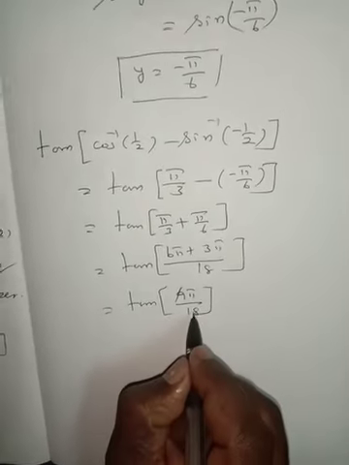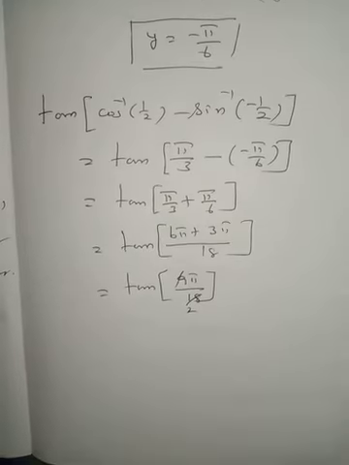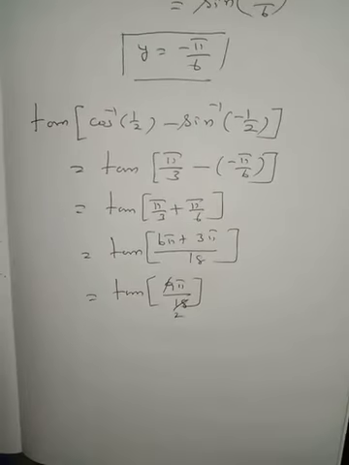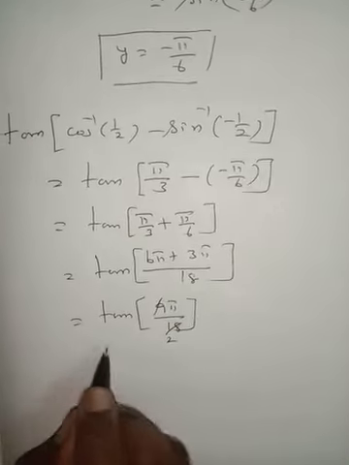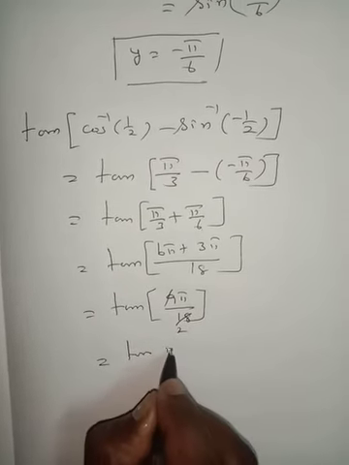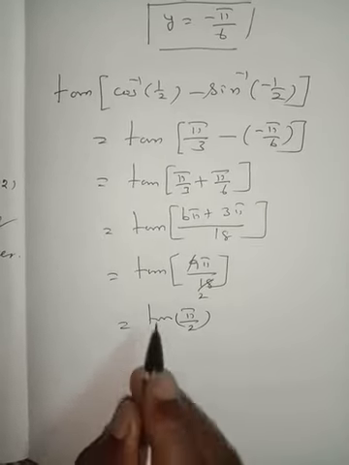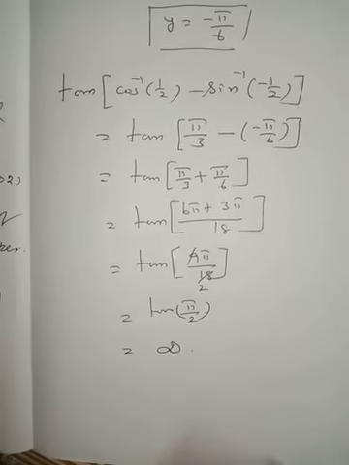Cancelling, 1 by 2 into pi is pi divided by 2. Tan pi by 2 is infinity.